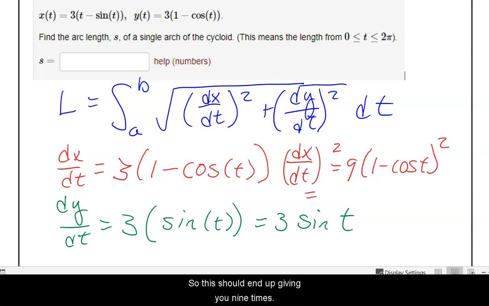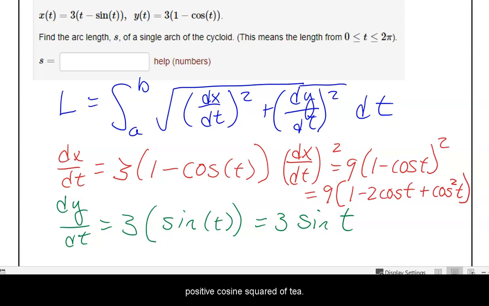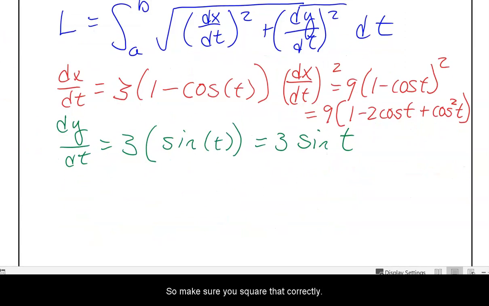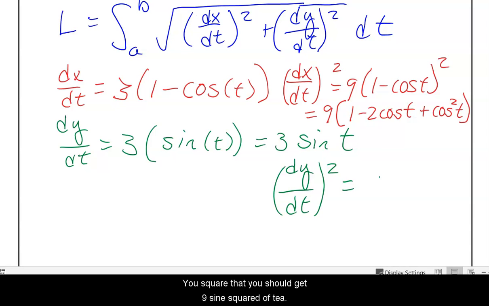So this should give you 9 times, the 1 times 1 is 1, the outside and inside give you negative 2 cosine t, and then the negative cosine t times itself gives you a positive cosine squared t. That's just your algebra, but it is one of the most commonly missed things that I see, so make sure you square that correctly. And then when you square dy/dt, you should get 9 sine squared t.